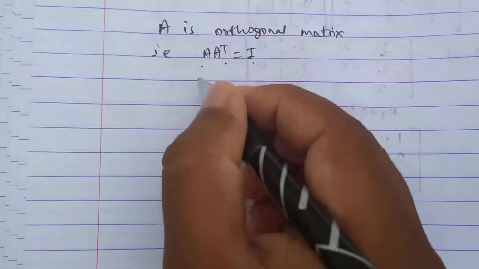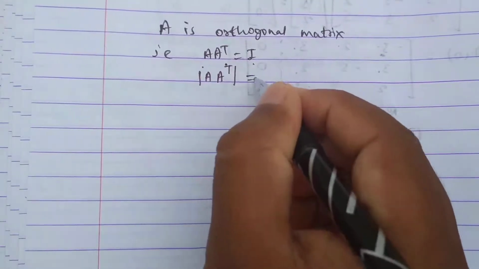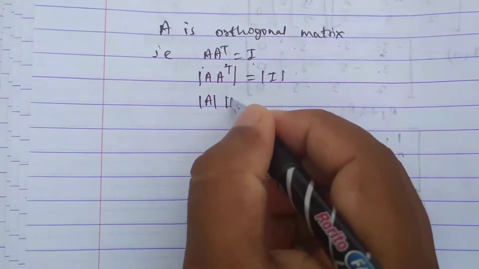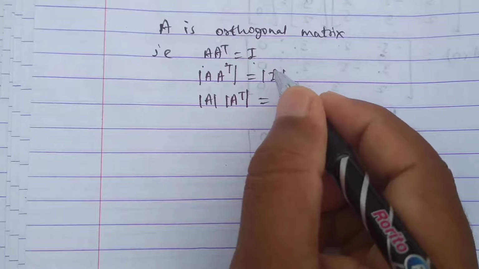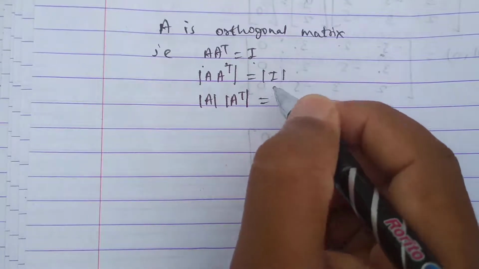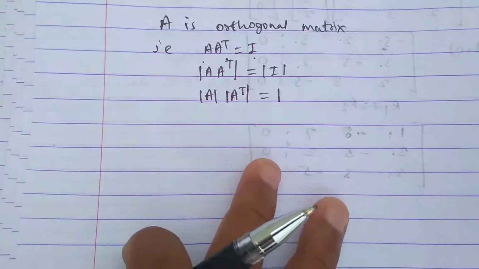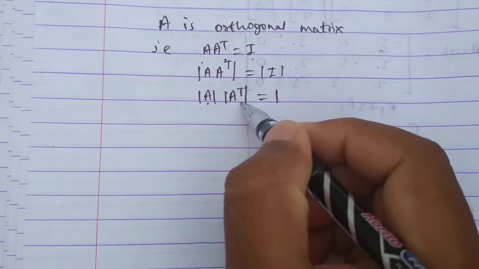Now taking determinant of both sides, you will get determinant of A into A transpose is equal to determinant of I. That means determinant of A into determinant of A transpose is equal to determinant of I. What is determinant of I? I is the identity matrix and determinant of identity matrix is 1. Now here determinant of A and determinant of A transpose are the same.